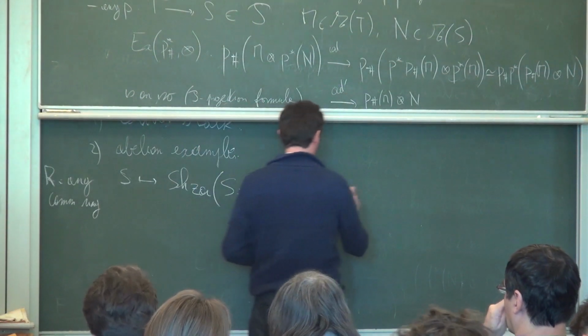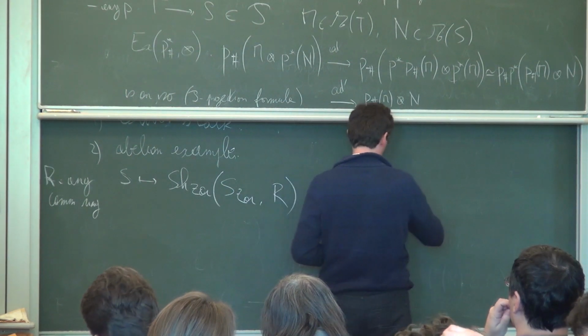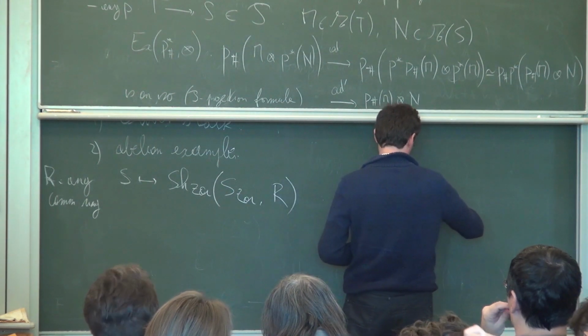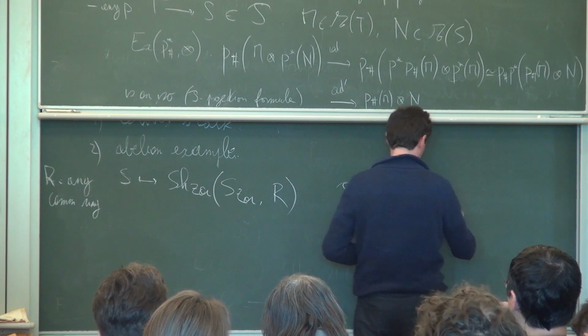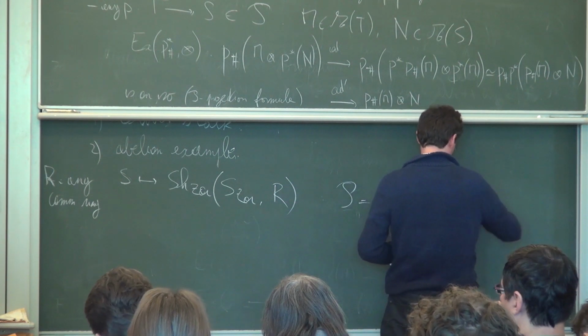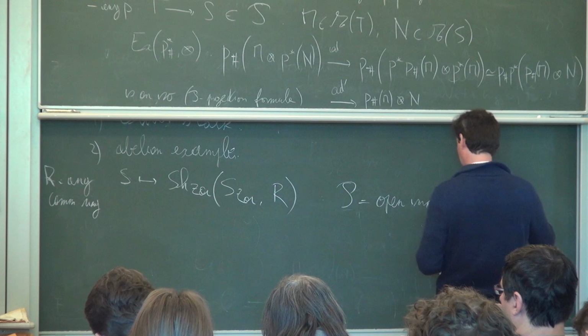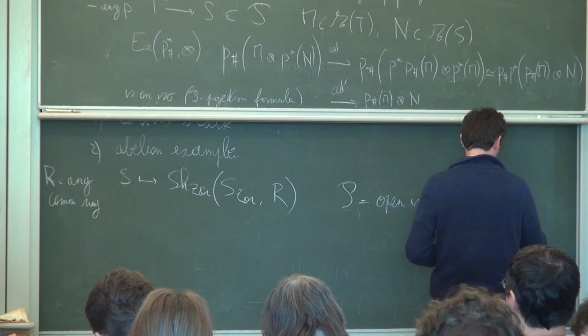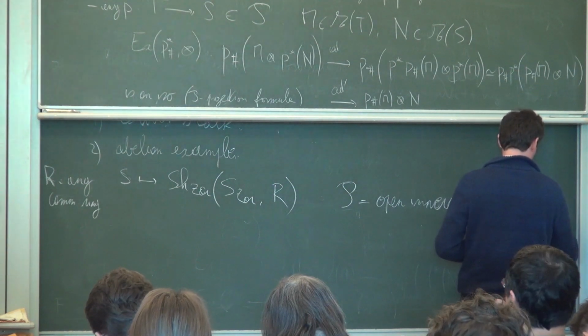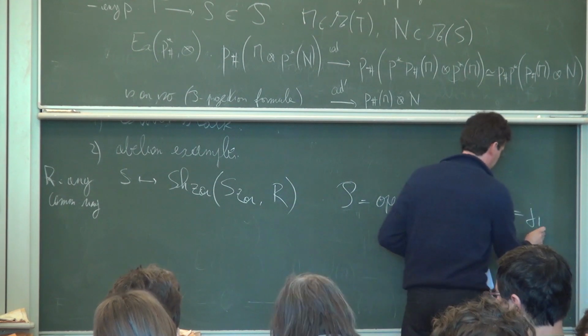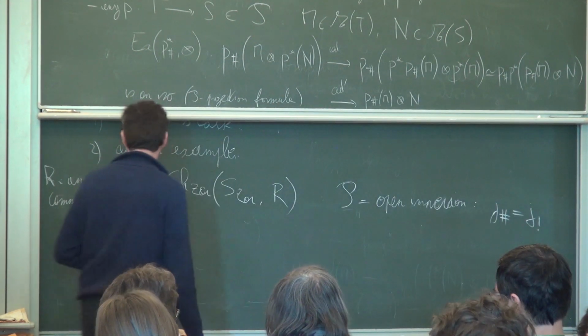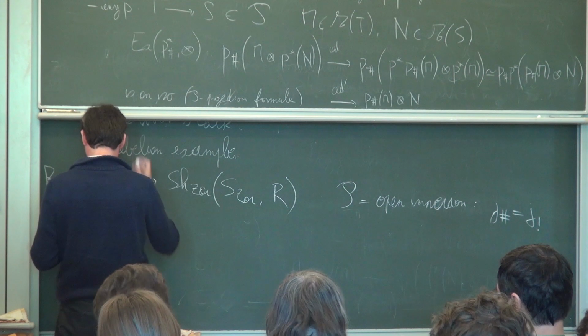Okay. Then in this case, P is a class of open immersions. And what we have denoted j lower sharp is what people usually denote j lower shriek, like that. Its existence is formal.